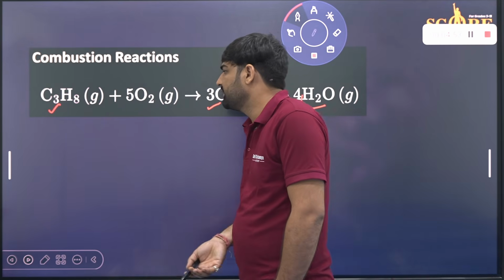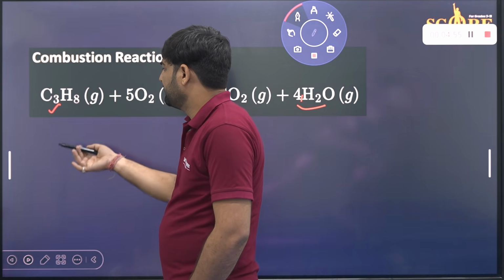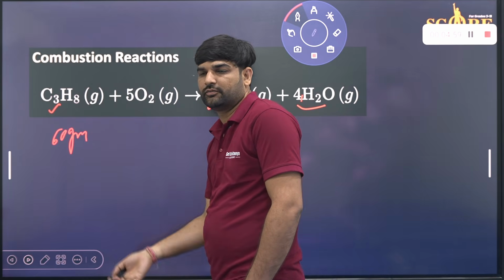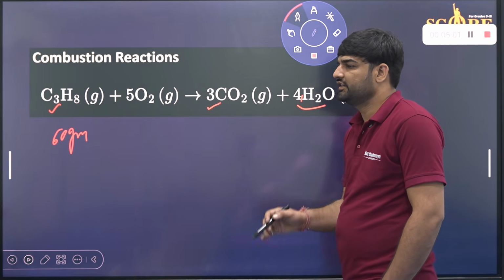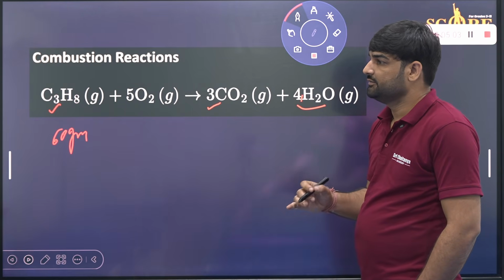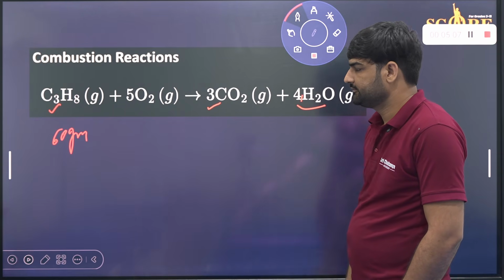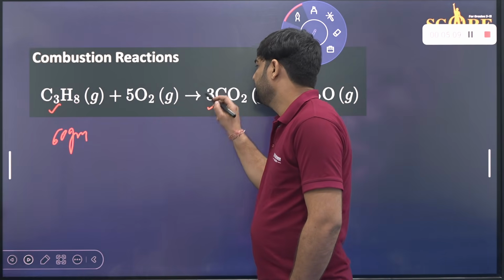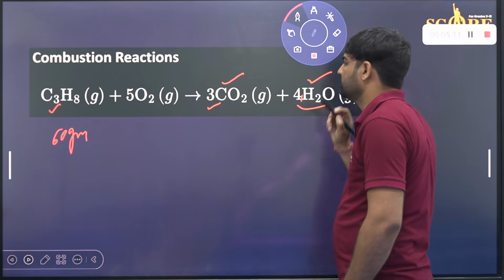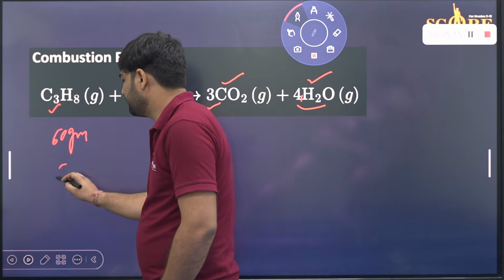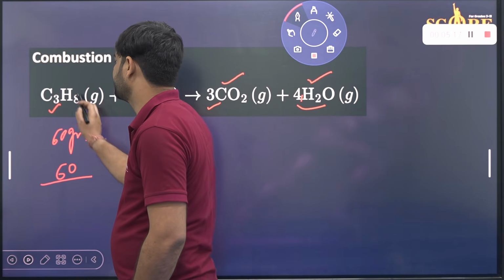There is a simple question. Say 60 gram of X is burnt in excess of oxygen. Then what will be the mass of CO2 and H2O formed? This is the question. First of all you have to calculate the molar mass of this.